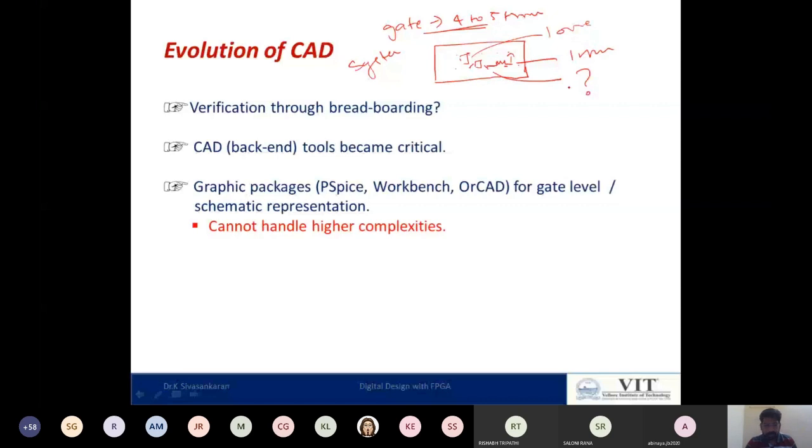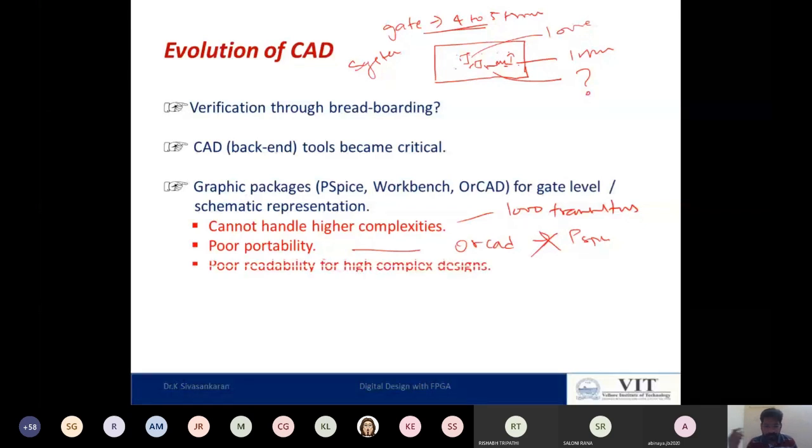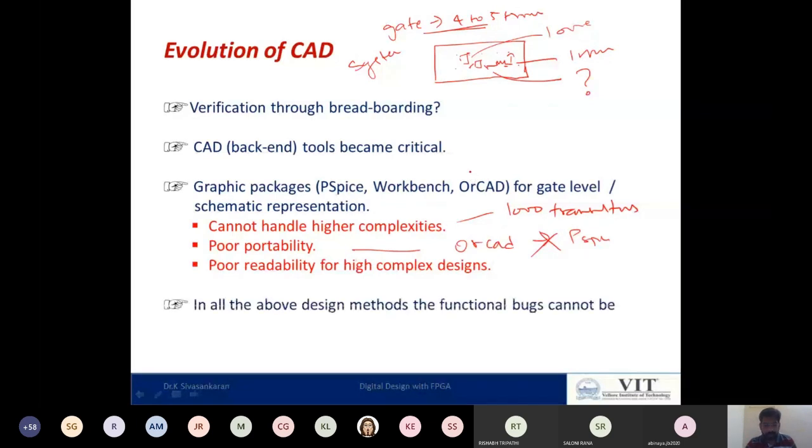And portability is poor: I'm using OrCAD and then want to switch over to some other SPICE tool, moving a design from one tool to the other is difficult. And again, readability for a complex design is very difficult.